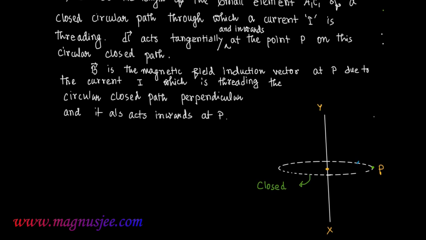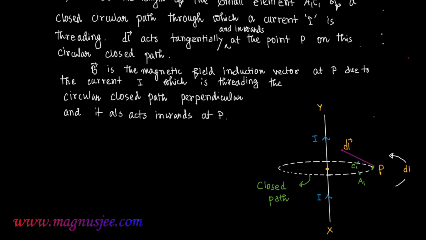Again, we can explain here, this is the closed circular path around the current I. This current I is threading at right angle to the closed path, and we consider a point P and a small element A1C1, which has the length dl. At the point P, vector dl acts tangentially to the circular closed path and inwards.